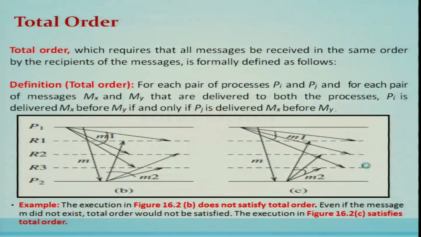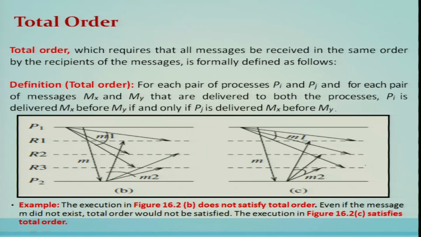Now we are going to see the total order. Total order requires that all the messages are received in the same order by the recipients of the messages. It is formally defined as: for each pair of processes Pi and Pj, and for each pair of messages Mx and My that are delivered to both the processes Pi and Pj, Pi is delivered Mx before My if and only if Pj is delivered Mx before My.